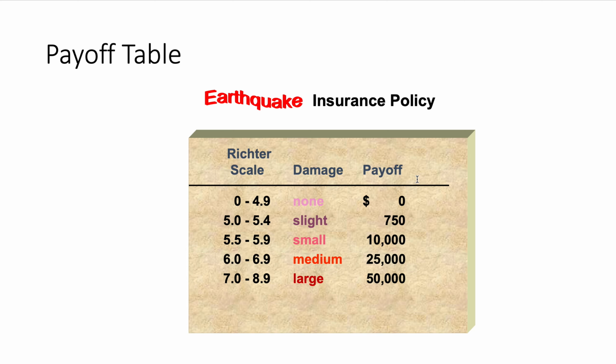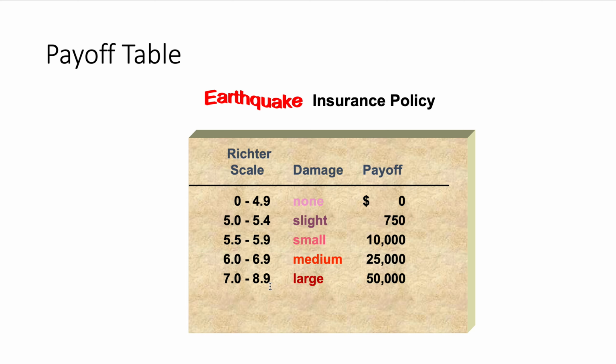It's the Richter scale, the magnitude of the earthquake. The Richter scale goes from 0 up to 8.9. If an earthquake occurs, it must belong to one of those numbers, between 0 and 8.9.